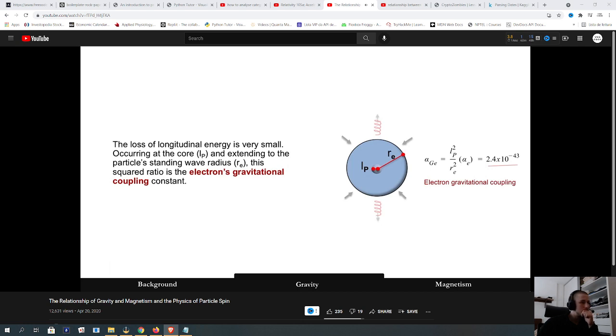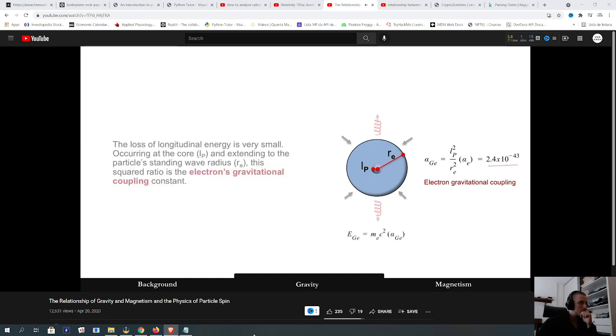So let's do this first. Let's calculate that longitudinal energy. It's really small by comparison to what is lost, and it occurs at the core at Planck length and extends out to the particle standing wave radius, which is the electron's classical radius. Now you square that ratio and apply the fine structure constant, and you get what's called the electron gravitational coupling constant to the right.